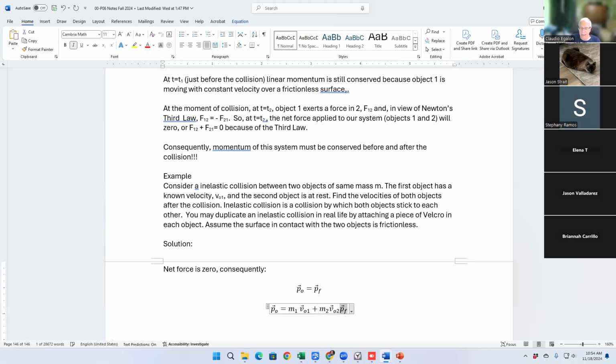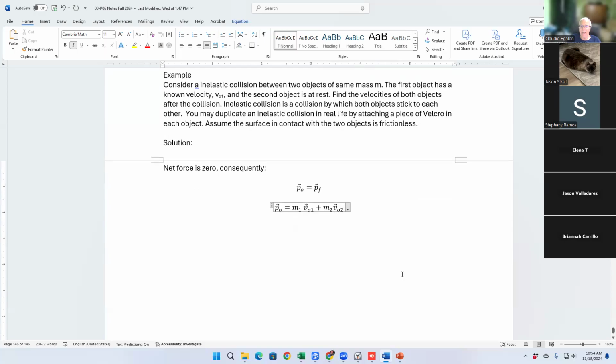I'm doing that vectorially, okay? Final momentum is the same thing: mass of 1 times final velocity of 1 plus mass of 2 times final velocity of 2. That's what I mean by net momentum. Initial momentum must be equal to final momentum.